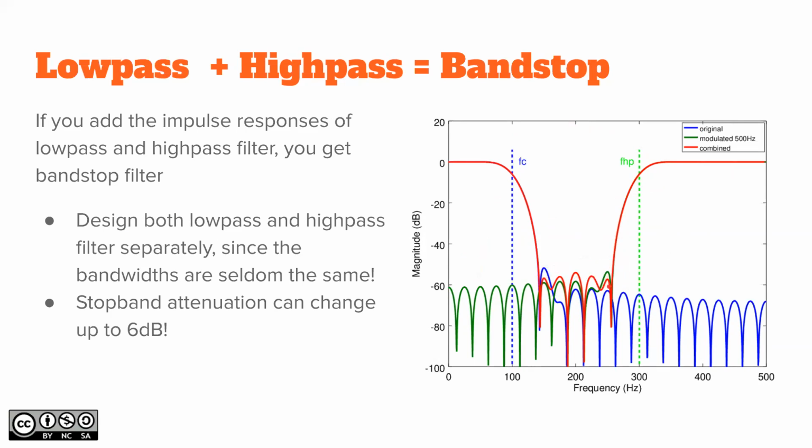So with the phase, this will be a little bit surprising, what comes out. The stop band attenuation can actually change up to 6 dB. So 60 dB less attenuation.